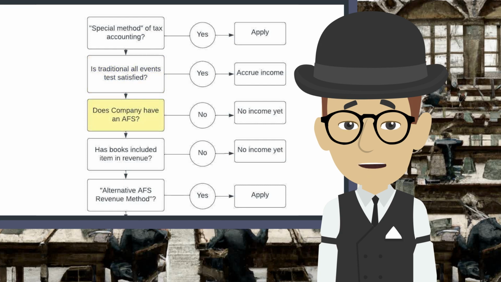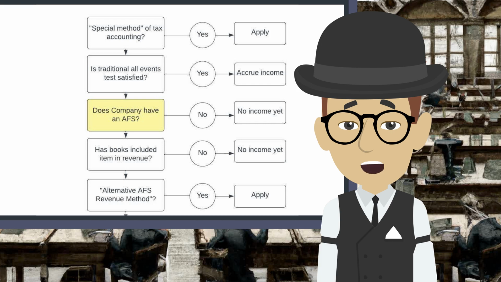Third, if the income is not subject to a special method of accounting and it does not satisfy the traditional all events test yet, now you have to start thinking about the book conformity test. The first question is whether your company has an applicable financial statement, an AFS, for this entire tax year.